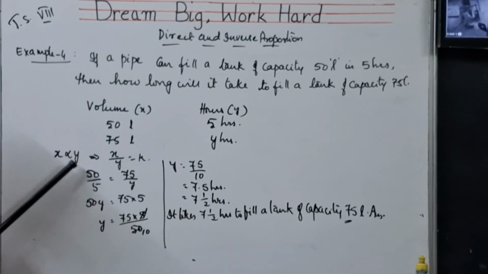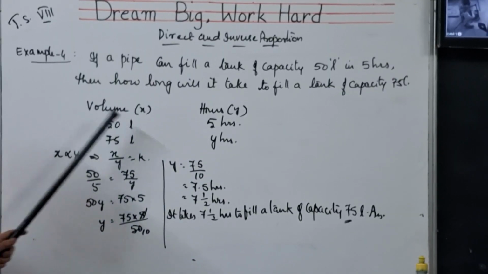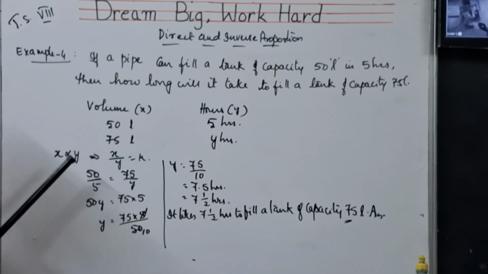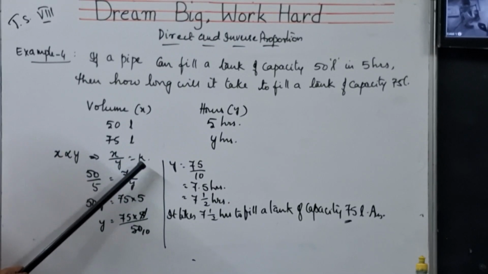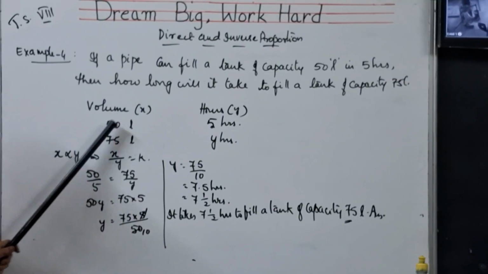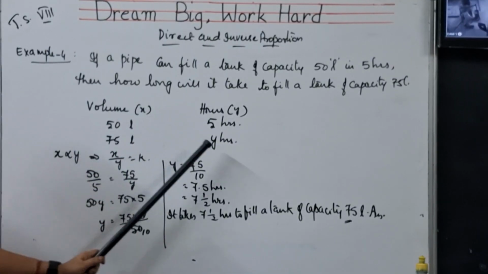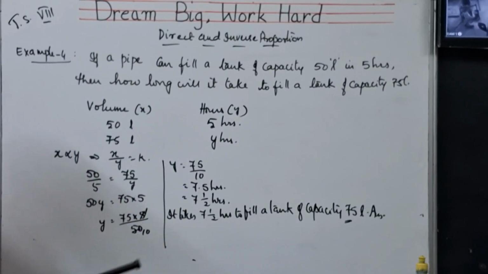Definitely these two are directly proportional because if volume increases, hours also increase. x is directly proportional to y. That means x by y is k. So 50 by 5 is equal to 75 by y. On calculation, I have got 7.5 hours. That is the time taken by the pipe to fill the tank. Note it down, children.